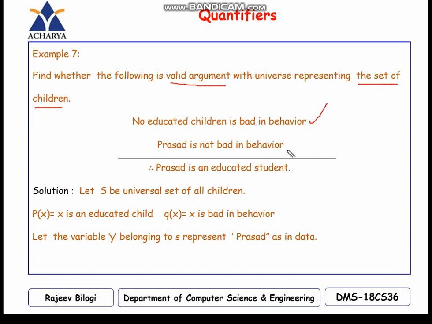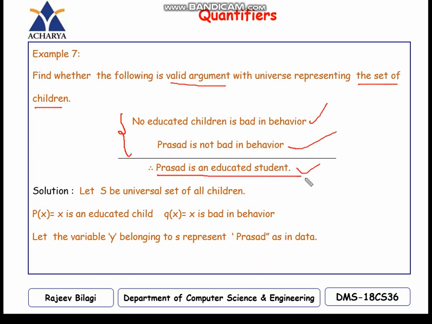Prasad is not bad in behavior is another. Therefore, Prasad is an educated student. So this is another statement. Now with these two, you are going to decide whether this can be obtained or not.